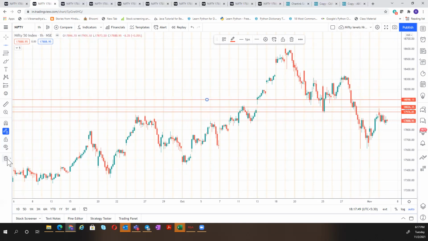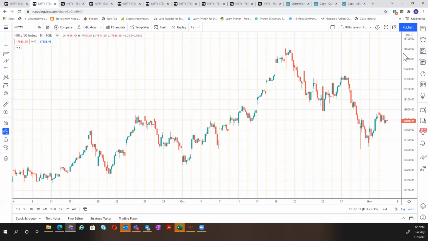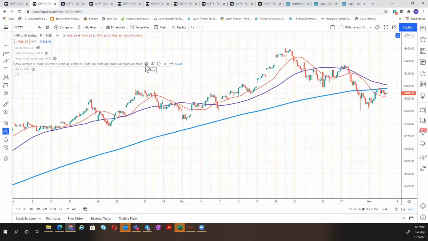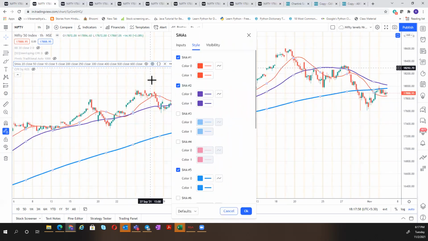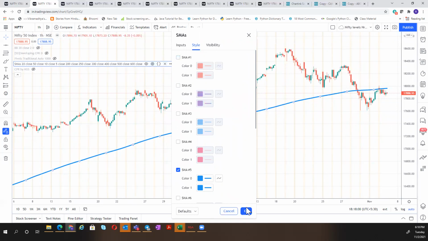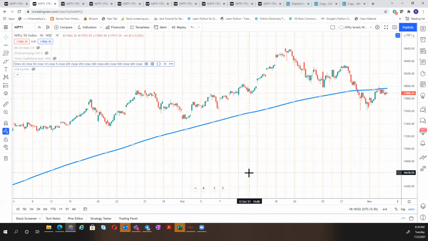Now coming back to the hourly time frame, I wanted to show you something here. I have told you that the 200-day moving average has very good significance in any time frame, 5 minutes, 15 minutes, 30 minutes, hourly.